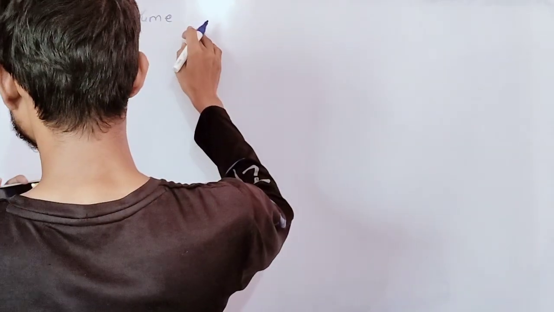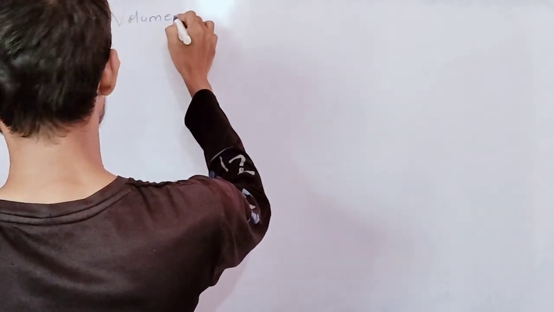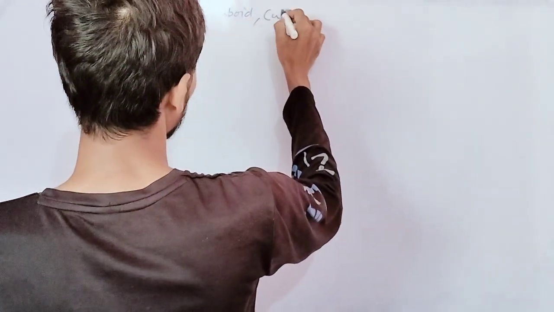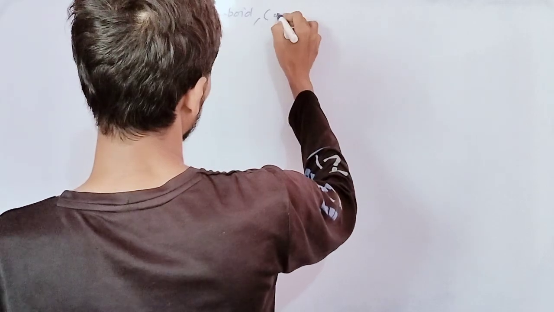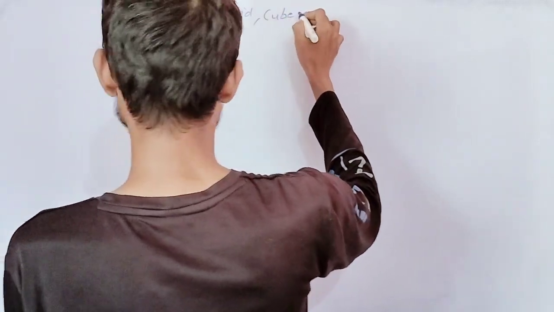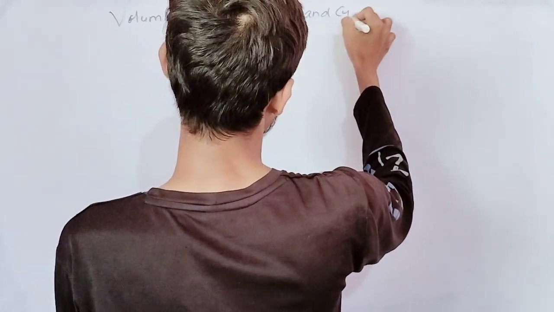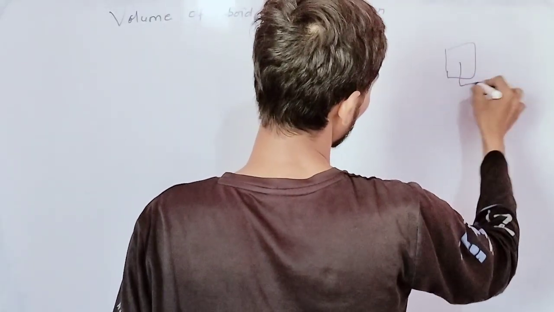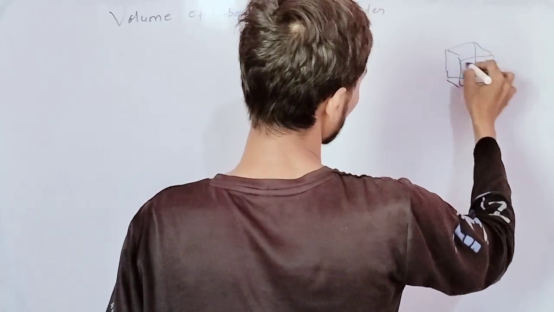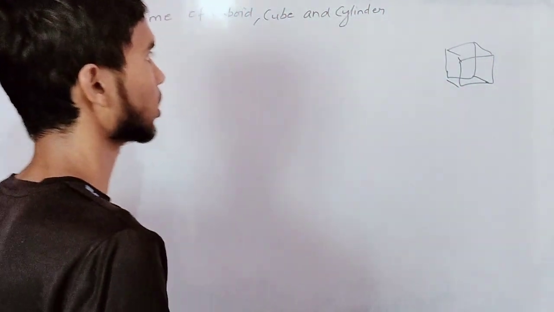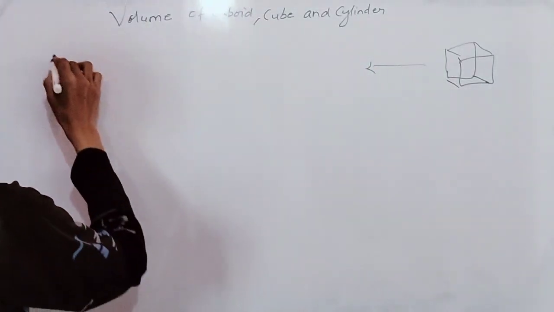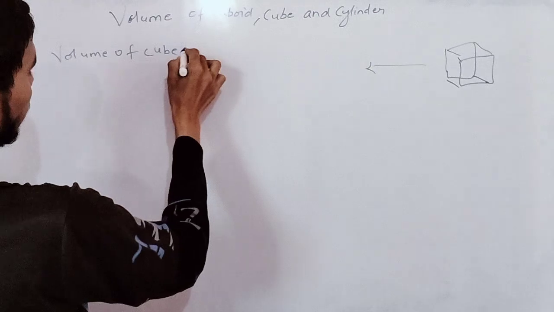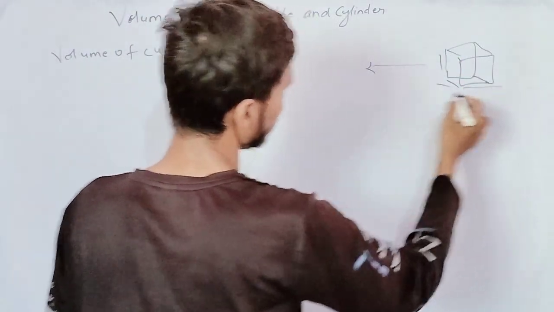Volume of a cube. Cube means all sides will be equal. So what would the volume of this be? The volume of a cube would be only this side, and this side.